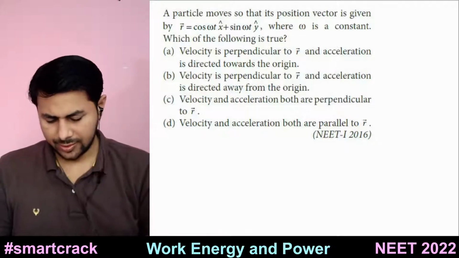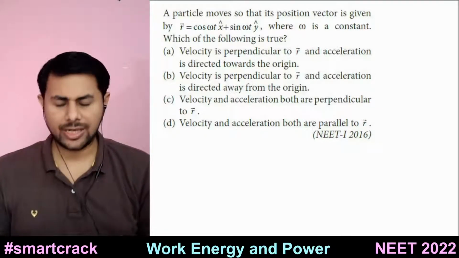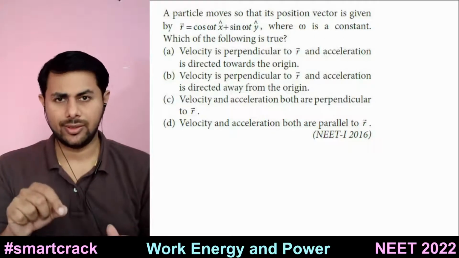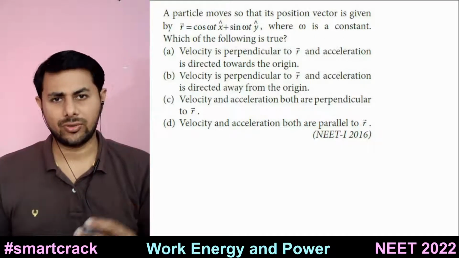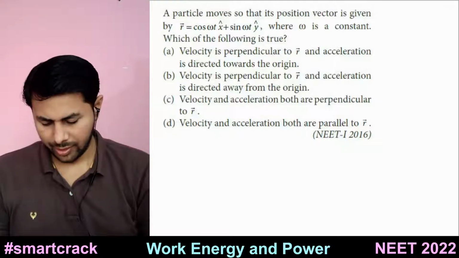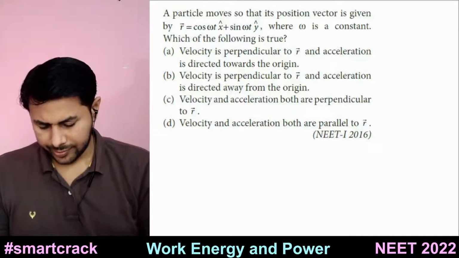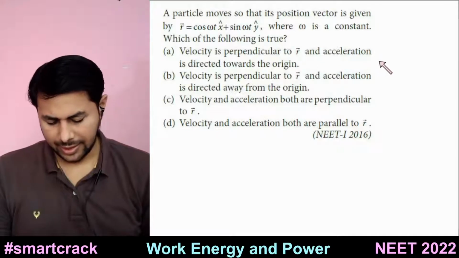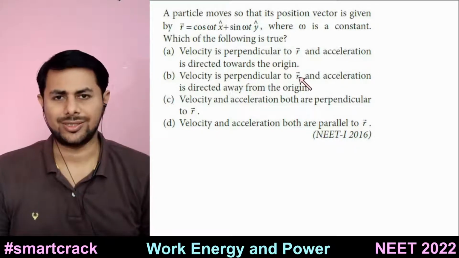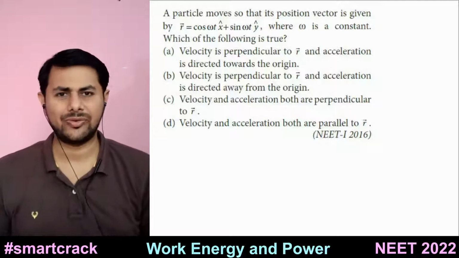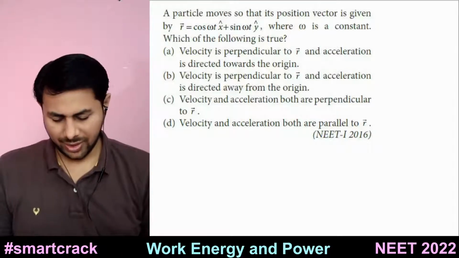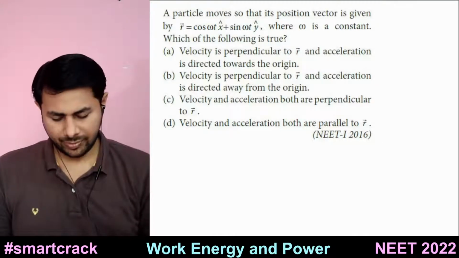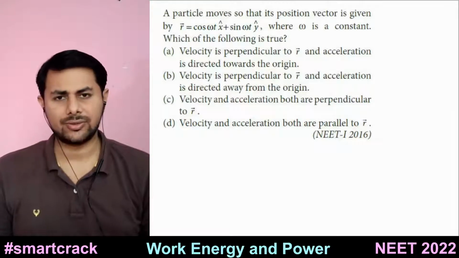This is the position vector for a particle performing circular motion with angular velocity omega. So let's see the options. Velocity is perpendicular to r and acceleration is directed towards the origin. This is actually the case for circular motion.